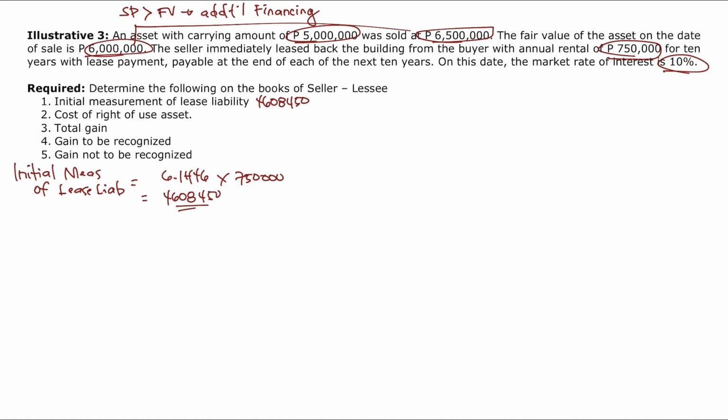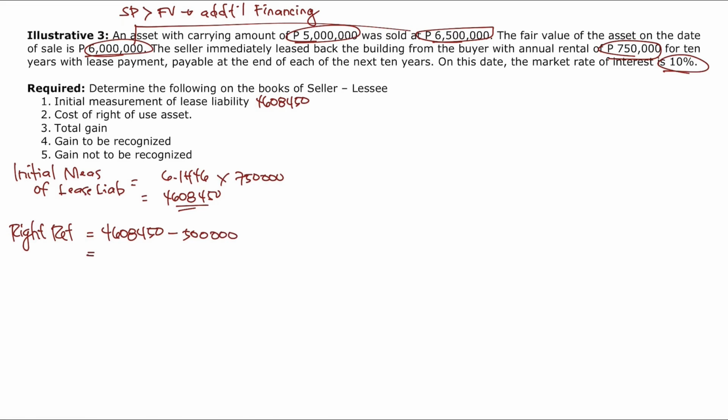Now, hindi yan ang ating magiging right retain because sabi natin kanina sa ating discussion, right retain is actually equal to the initial measurement of lease liability, which is 4,608,450 minus the additional financing, which is the difference between the selling price and the fair value, or that's equal to 500,000.